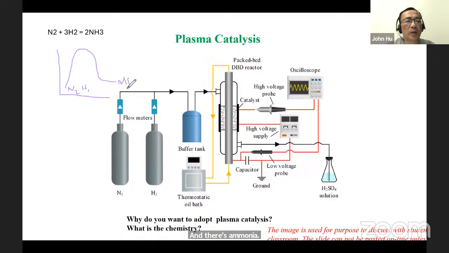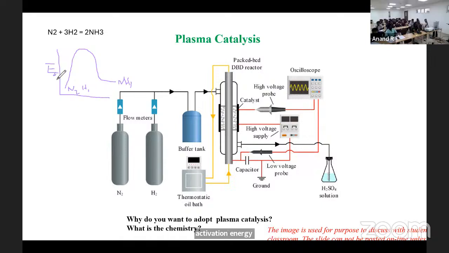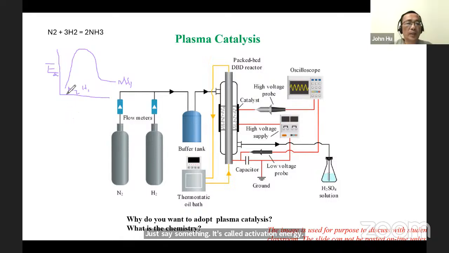Has anybody heard about the activation energy? Just say something. It's called activation energy. Yes, sir. So if you have nitrogen and hydrogen, the reason you need to heat it up is that at room temperature they do not react. You have to heat it up because the molecules need to be activated to overcome this mountain. It's called activation energy, and then you pass through here.